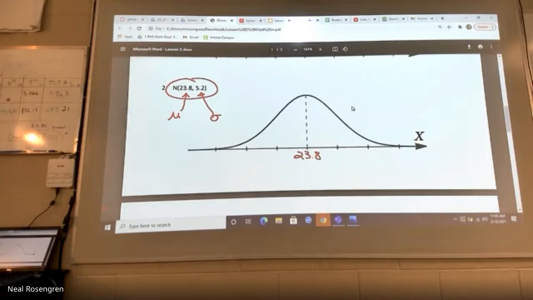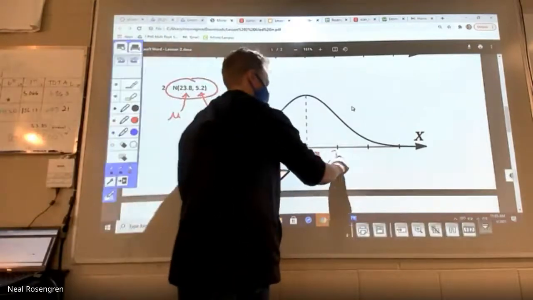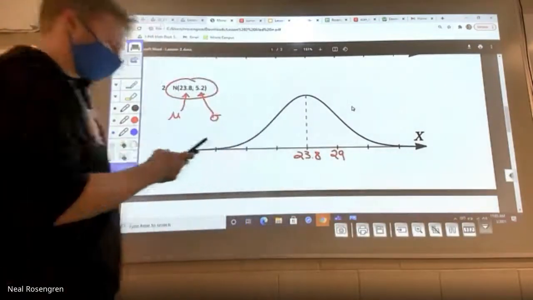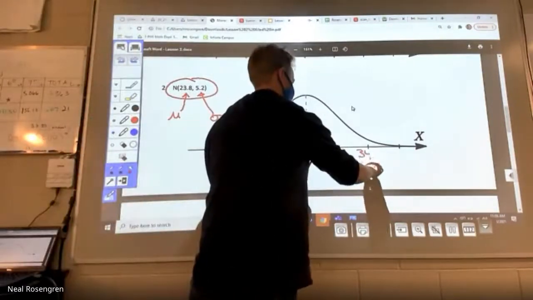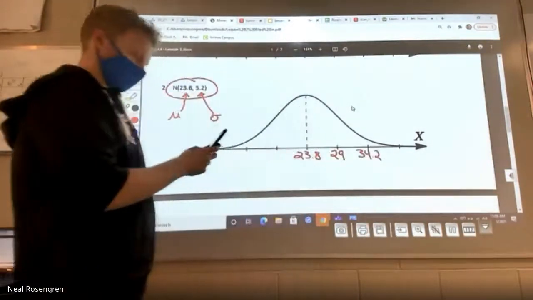Now, decimals, so 23.8 plus 5.2 is 29. Plus 5.2 again, 34.2. Plus 5.2 again, 39.4.